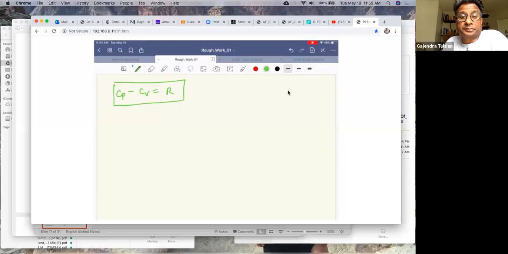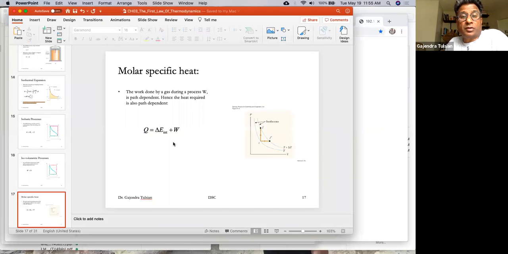So we define molar specific heats for gases because it's convenient to measure how much gas you have in moles. This is the heat added to the gas. The heat added to the gas goes into raising the internal energy, which raises the temperature, and goes into any work the gas does.